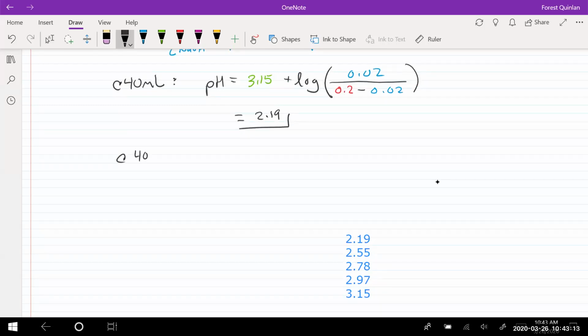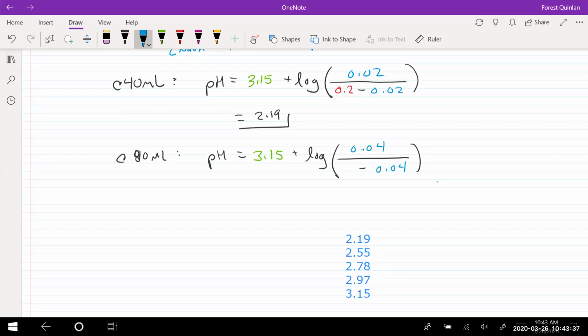So at 80 mils, pH is equal to 3.15 plus log. Now we're doubling it, so it's 0.04.